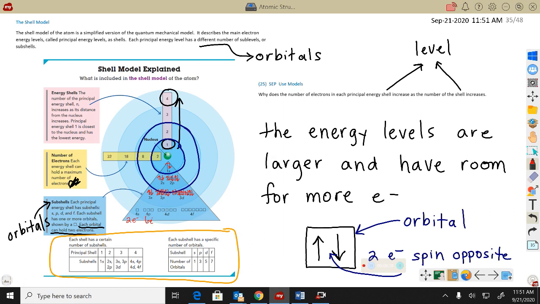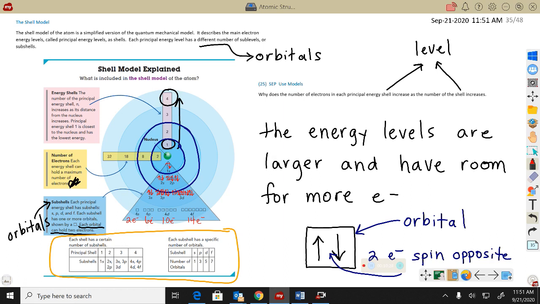There are 5 d orbitals. They each hold 2 for a total of 10. And then there are 7 f orbitals that can each hold 2 for a total of 14. So rather than drawing 32 tiny arrows that I can barely fit in these boxes, it adds up to 32.